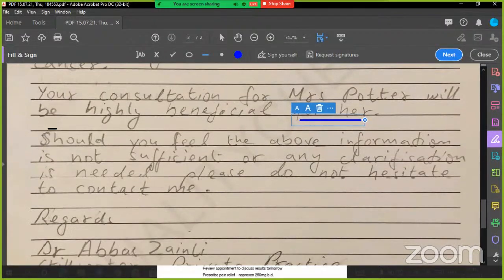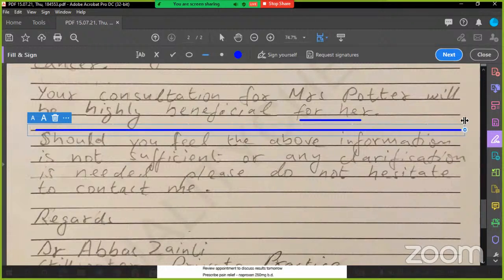This last sentence will not give you any mark here, so don't overemphasize on this one. Just say "in case" or "if any additional information is required, please do not hesitate to contact me." Like that you can write. So that would be better for you.